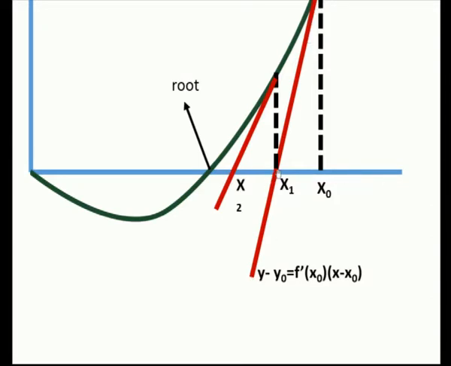So, the y coordinate of that point is 0. So, I have y is 0, then if I solve this equation I will get the approximate x1. Now, from x1 consider the tangent line meeting the curve, I will get the next point x2. Likewise we get a sequence of points very close to the root.